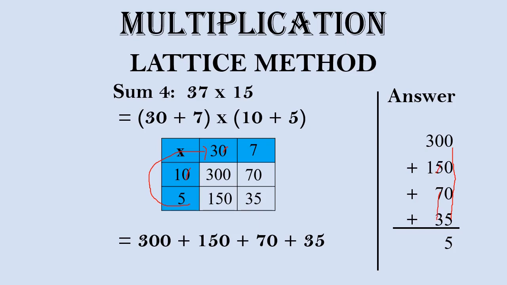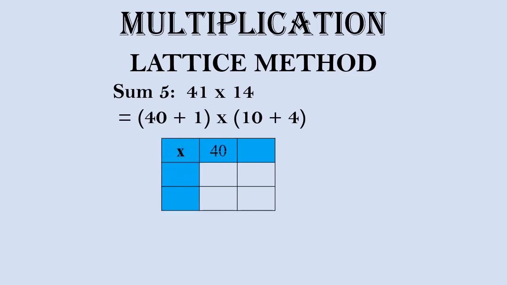Write 5 in the tens place and carry over 1. 3 plus 1 is 4, 4 plus 1 is 5. So 37 multiplied by 15, the product is 555.